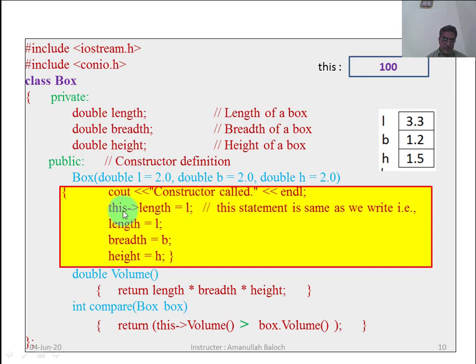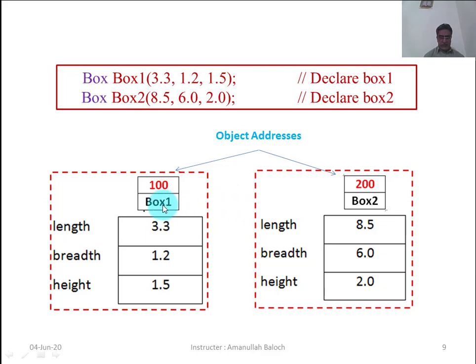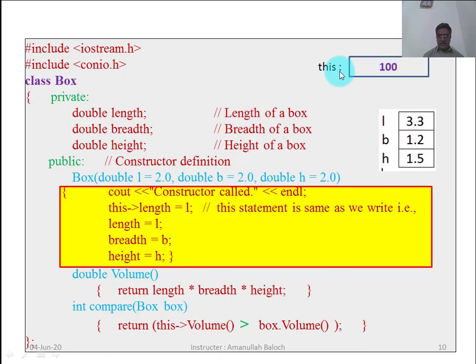You may see here we can refer to each and every variable of the class with the this pointer. Here you may see the address of the box object is 100. When box 1 calls the constructor, the this pointer will store the address of box 1, that is 100.